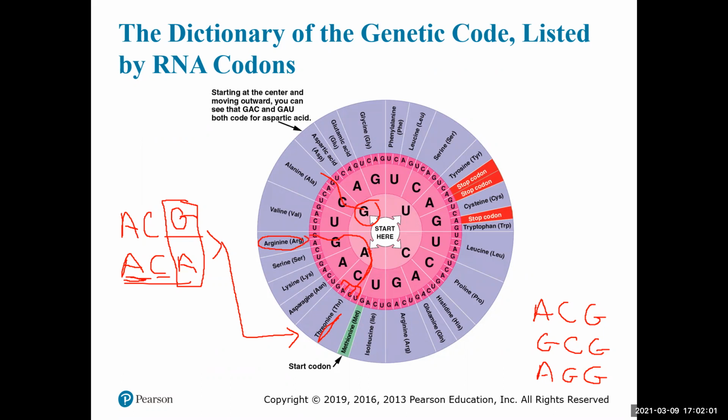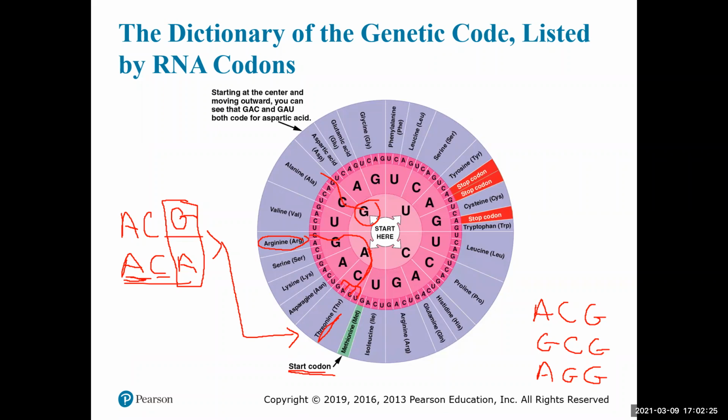And the reason why I'm saying this is just to say that there is redundancy in the code to help minimize these detrimental changes. But these changes can happen and completely change and alter the functioning and whether or not the protein works. And what we also can see here is that methionine is the only start codon.